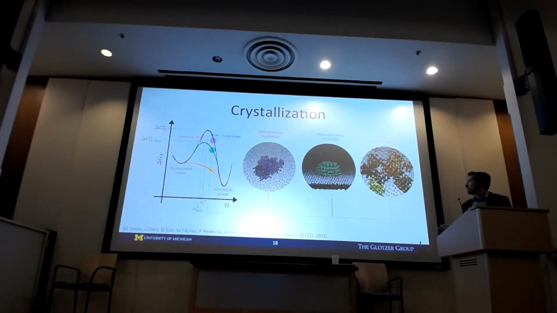We have heterogeneous nucleation, where we may have some other element in our system, such as a wall, and this wall may be a pattern of particles that will help trigger this process, where some particles will attach and then grow from there. And then we have spinodal decomposition, where things are essentially just falling into place spontaneously. There's no energy barrier for that.